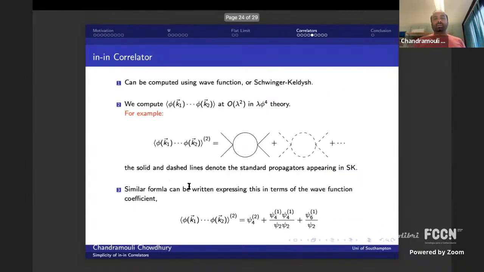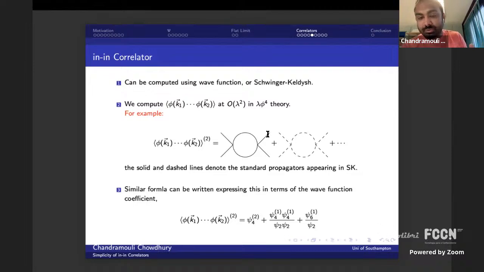Okay. Now you could ask what's the corresponding statement for the in-in correlator, for which, as you imagine, you have to take the wave function and then compute one more path integral to obtain the in-in correlator. You can either do that or you can evaluate it using Schwinger-Keldysh. And what I mean is you essentially evaluate this correlator at second order in perturbation theory. You have to sum over several diagrams.